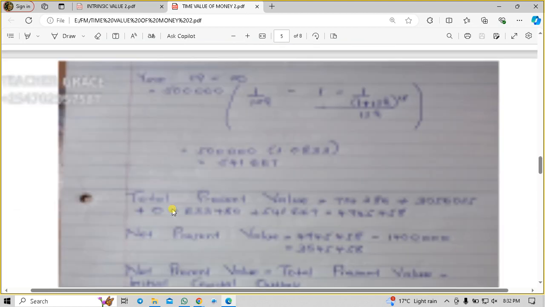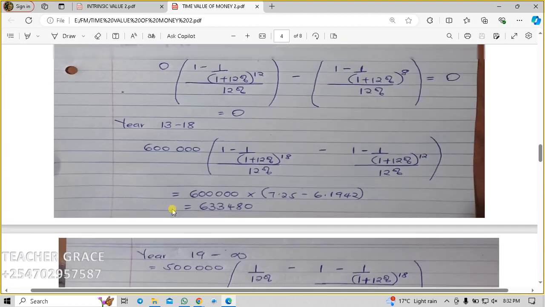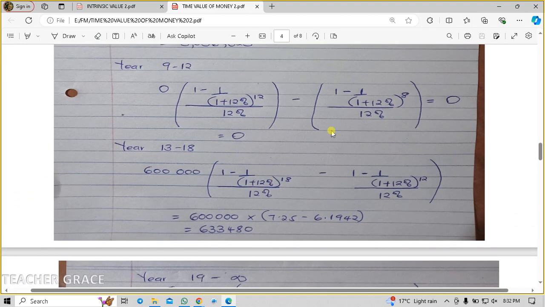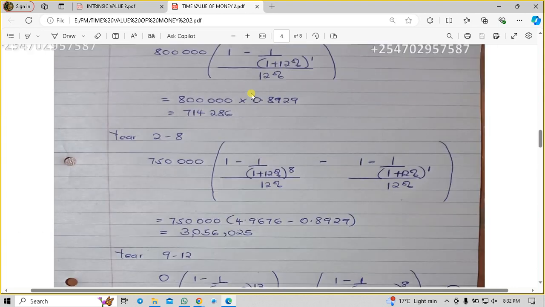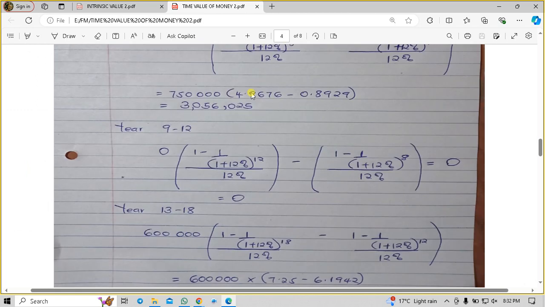Yeah, here. So we deduct year 9. So here the difference is that you see here we were talking about several years: 9, 10, 11, 12, 13, 14, 15, 16, 17, 18.